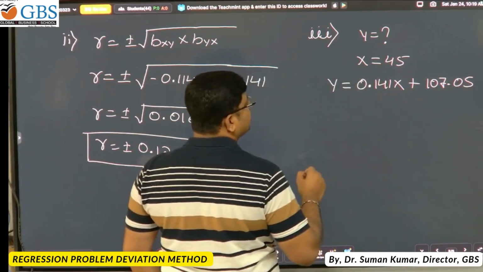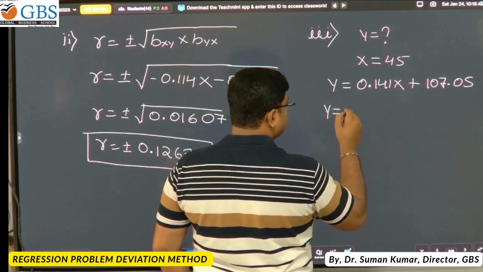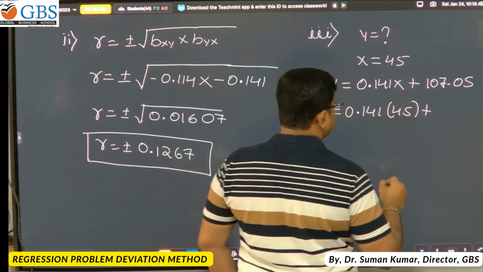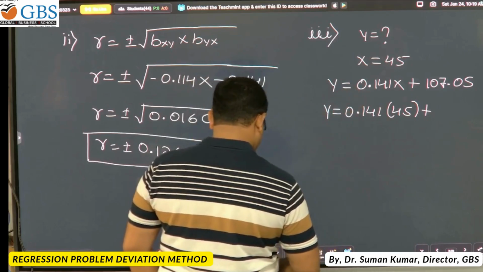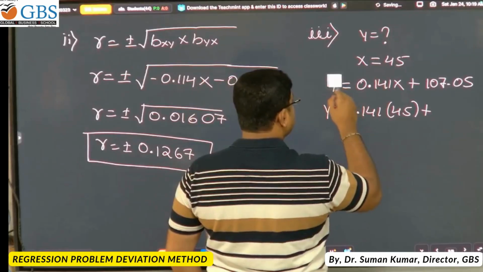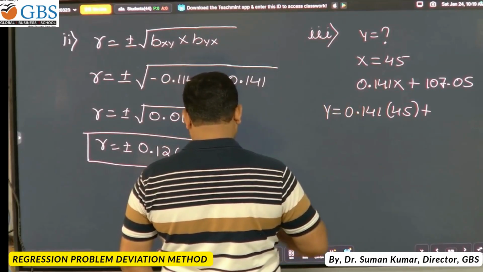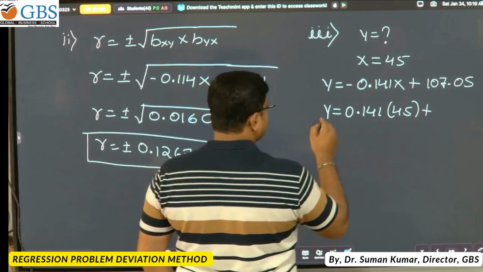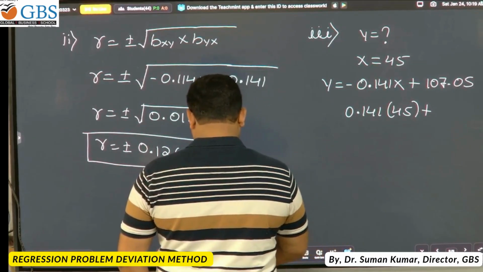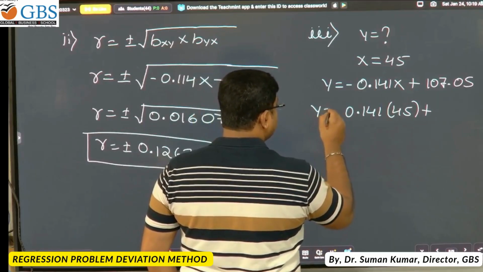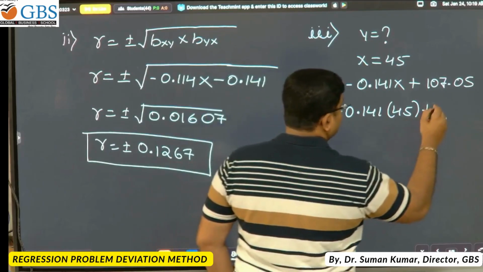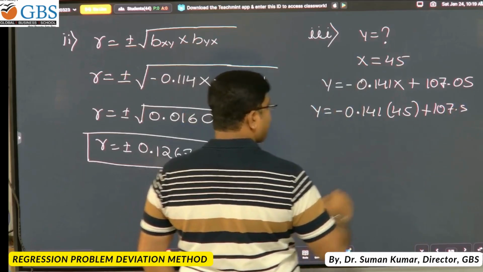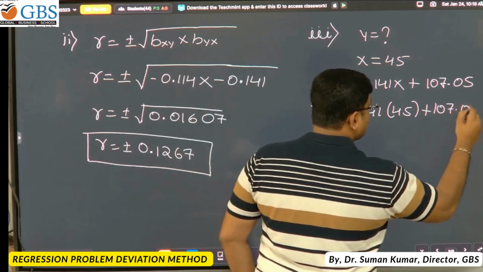So in this, put x is equal to 45, y is equal to minus 0.141 into 45 plus 107.05.